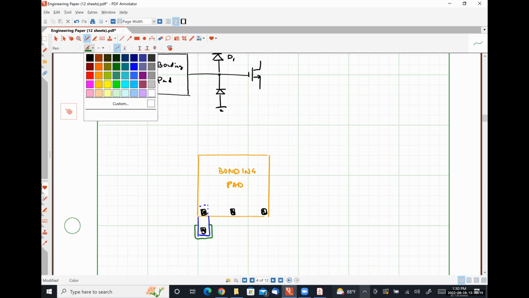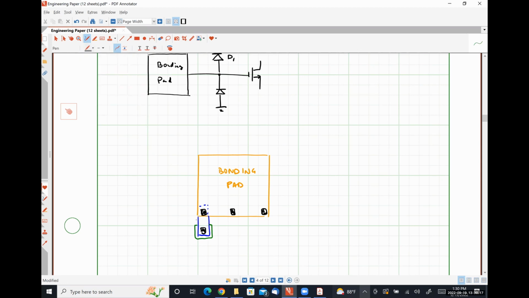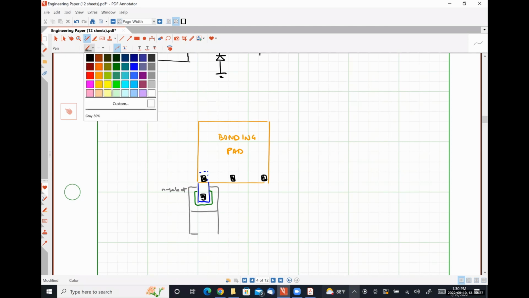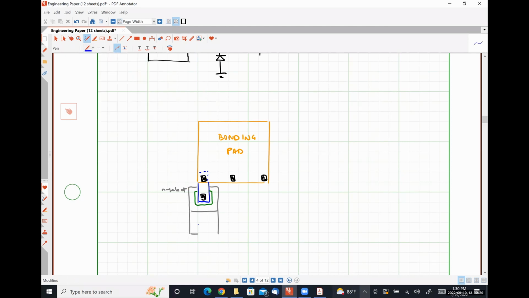And then let's see, there's some gray here, sorry. So this thing right here, this is our N select layer. And then on the opposite side, we're going to have something like this.